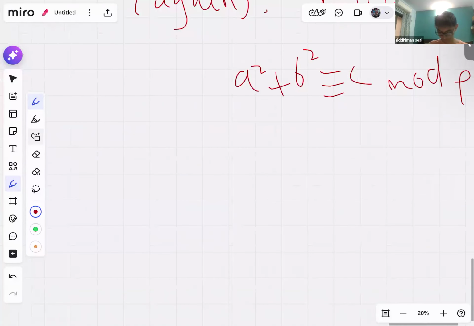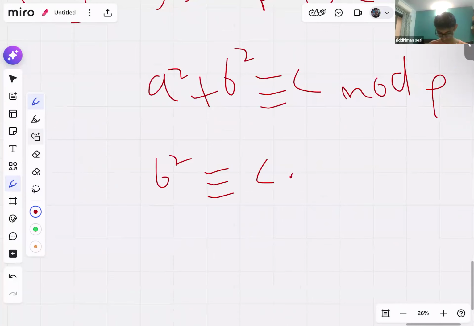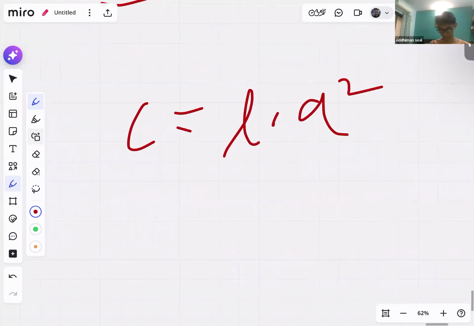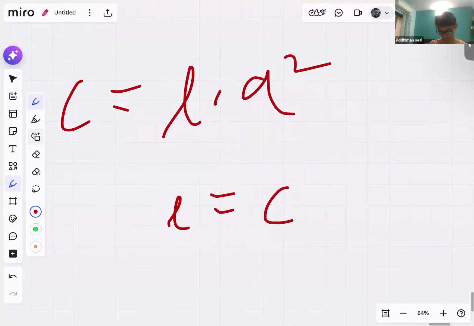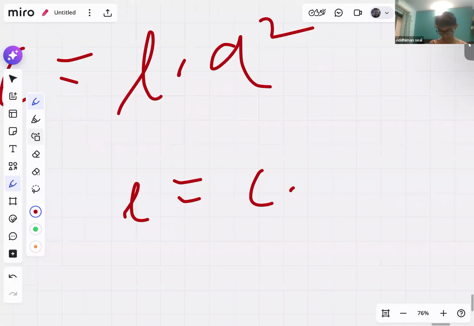The idea, what you do, you have B squared is congruent to C minus A squared. So what you do is you write C as L into A squared. And we can do this because L is just C into A squared inverse.